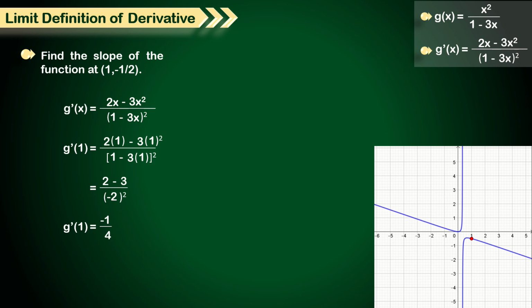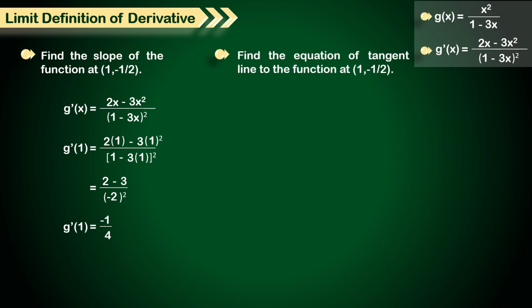Next, find the equation of the tangent line on the function at the same point. Substitute values in point slope form. y minus y coordinate, which is negative 1 half, is equal to the slope, which is negative 1/4, multiplied by x minus x coordinate, which is 1.